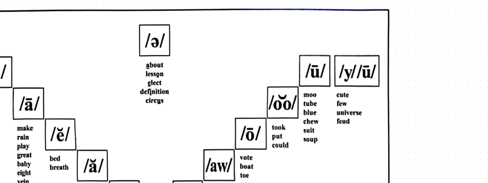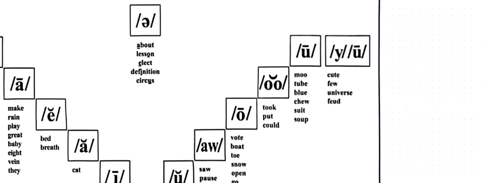And you can spell this sound with almost every vowel. This A in the front, this O, this E, this I, and this U. So it's a very common sound in English.